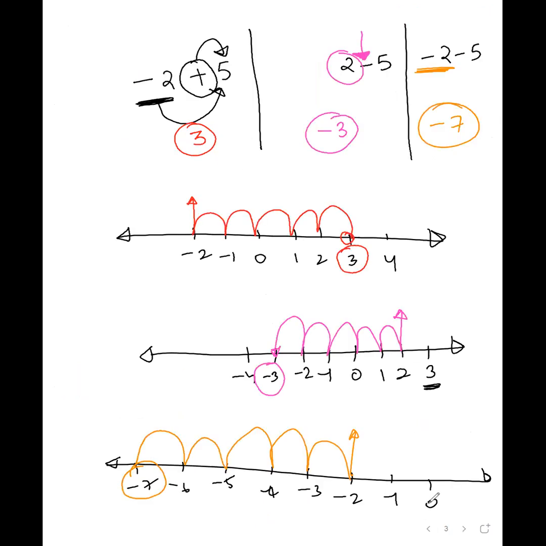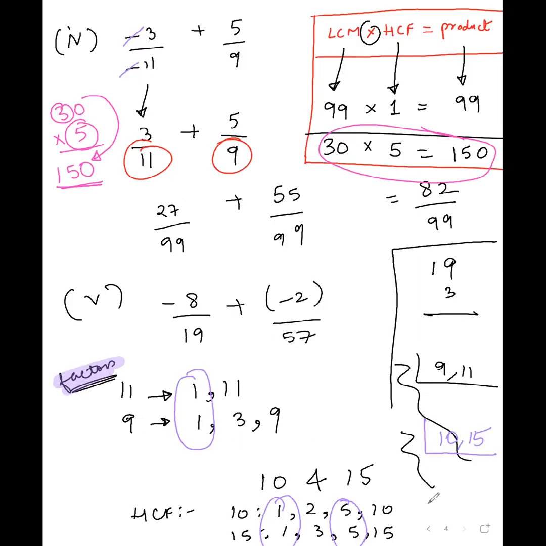Okay Hiba? Now we were talking about 19 and 57. So 19 and 57 are not coprime. What are coprime numbers again? Tell me again. Coprime? They have no common factors.